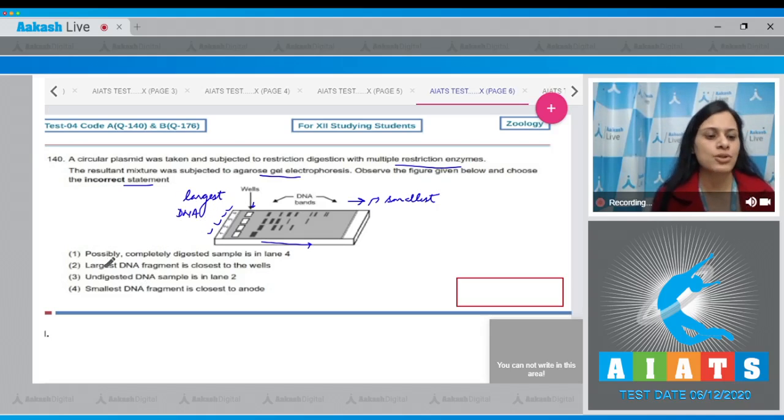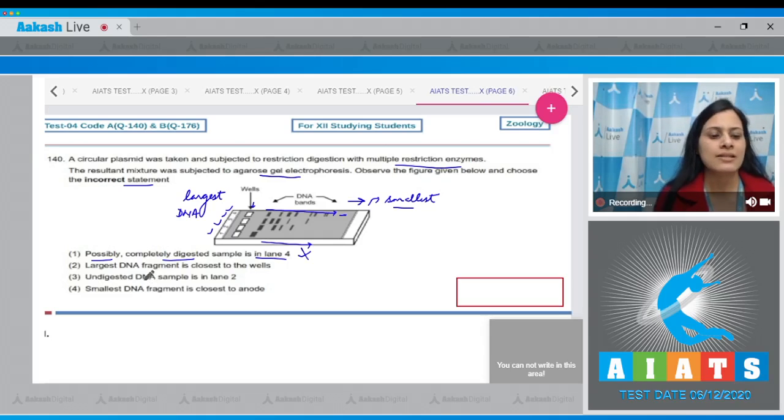The very first option says possibly completely digested sample is in lane 4. And if you see lane 4, the DNA is separated very well in this lane, and you can see the smallest DNA fragment at the very end of it. So this is possibly a correct statement, and so this cannot be the answer.